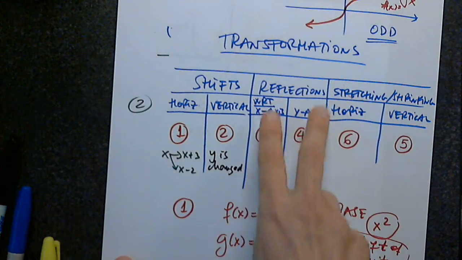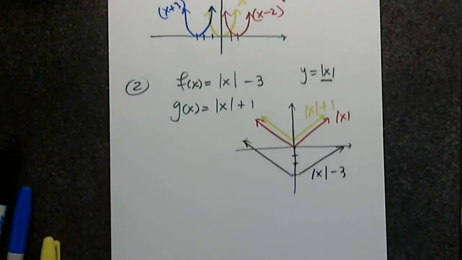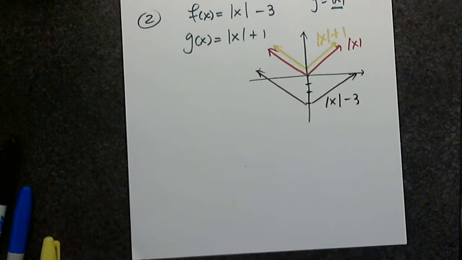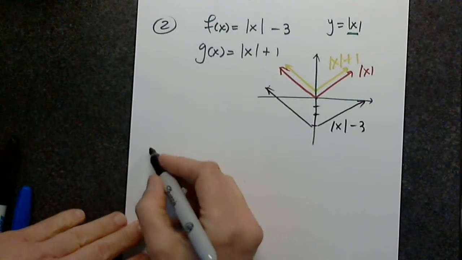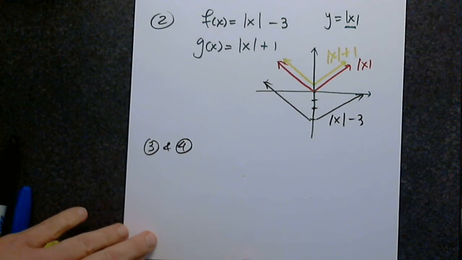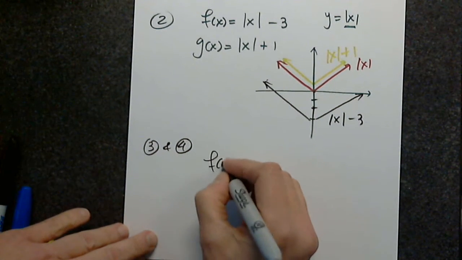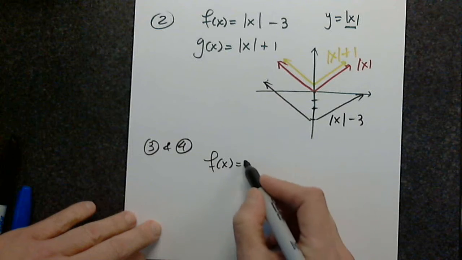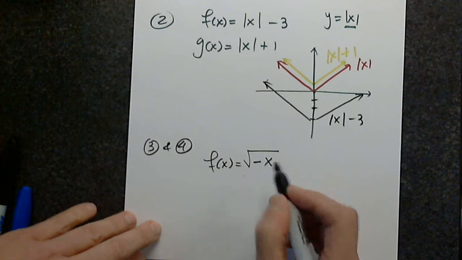So I'm going to look now at the reflections. Number 3 and 4 together. Now I'm going to pick f of x as the square root of negative x.